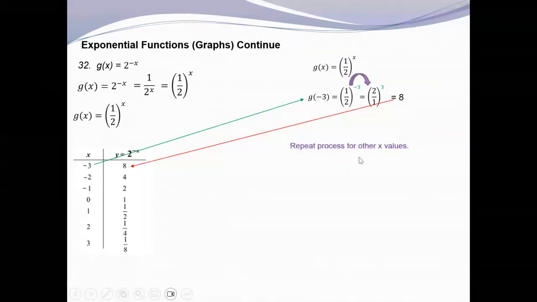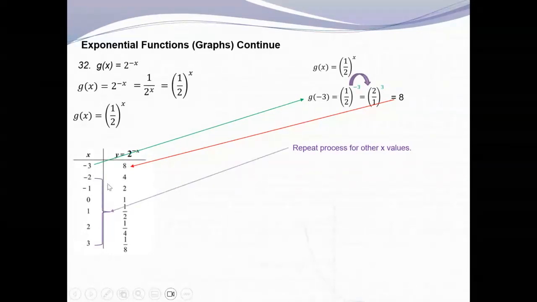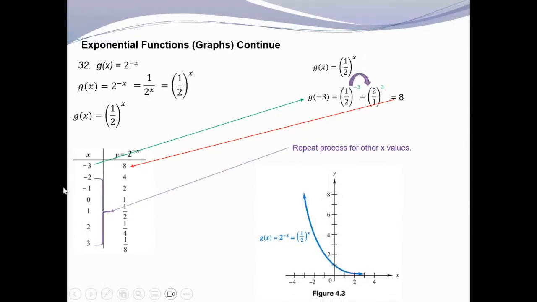We repeat the process for the rest of the x values. This is what we get when x is -2. It's going to give us 4, and so forth. The graph will be exponential decay. So this is how the function looks for exponential decay when A is between 0 and 1, which is the base. The base is A.